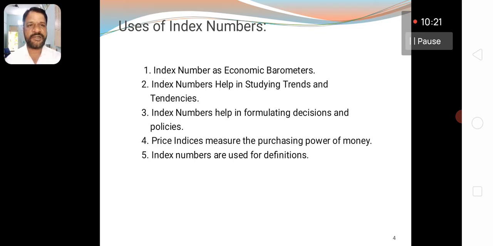And thirdly, index number helps in formulating decisions and policies. The government will go for taking certain decisions regarding education, or employment, or production of different commodities.